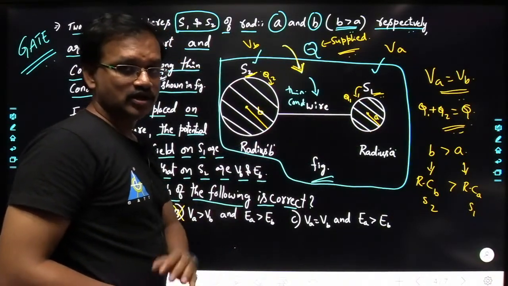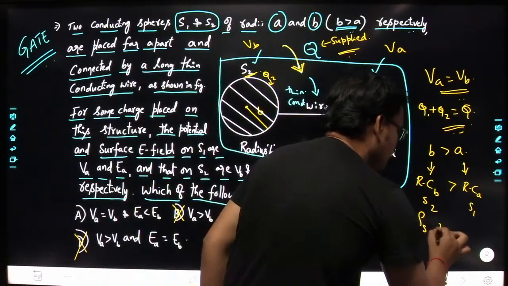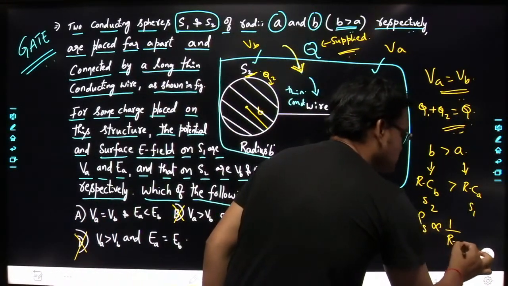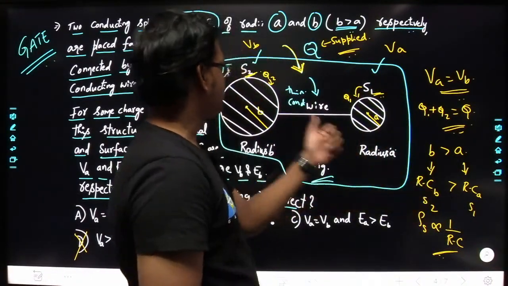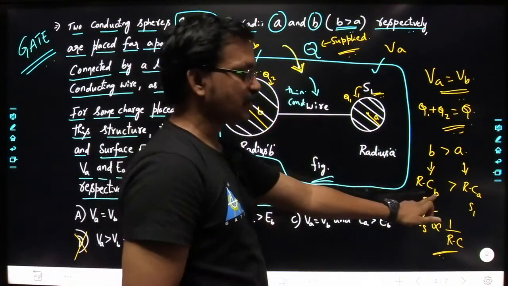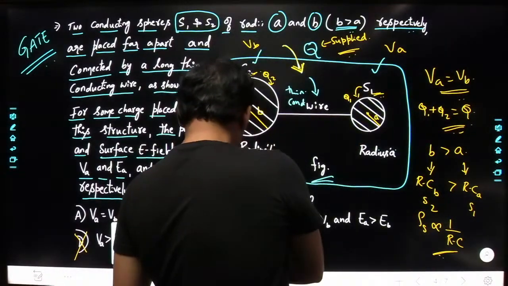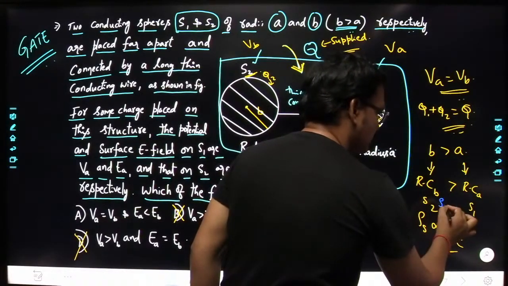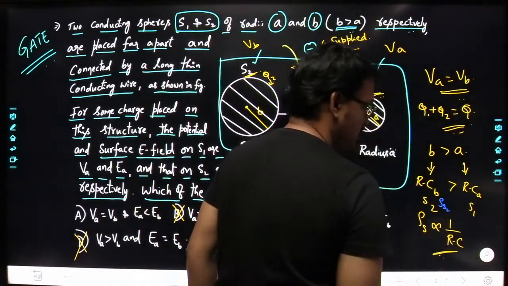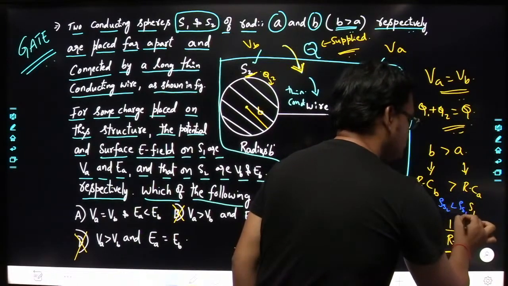Yesterday I told you that the surface charge density is inversely proportional to the radius of curvature. Now for this sphere S2 the radius of curvature is more, so the charge density rho S2 is lesser when compared to rho S1.